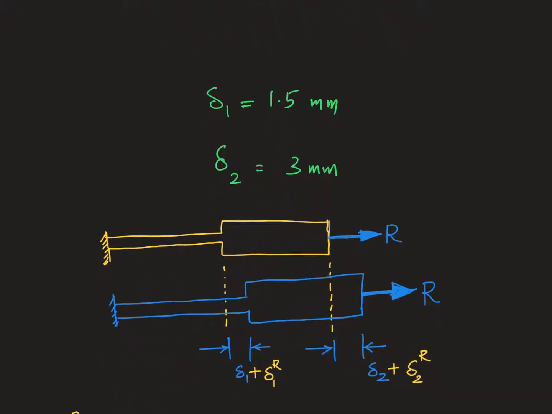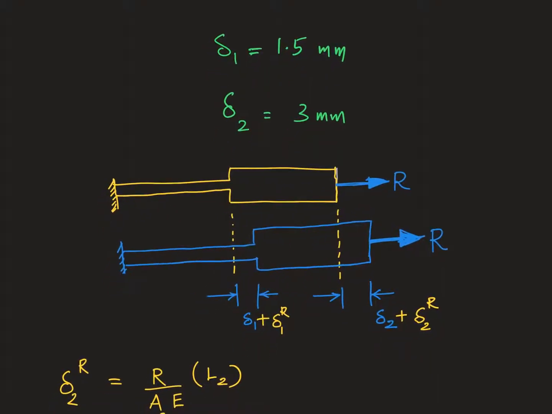Once again, please remember that these deflections are coming purely from thermal effects. Now we need to account for the deformations caused by the external force, capital R. That is what I have shown over here.